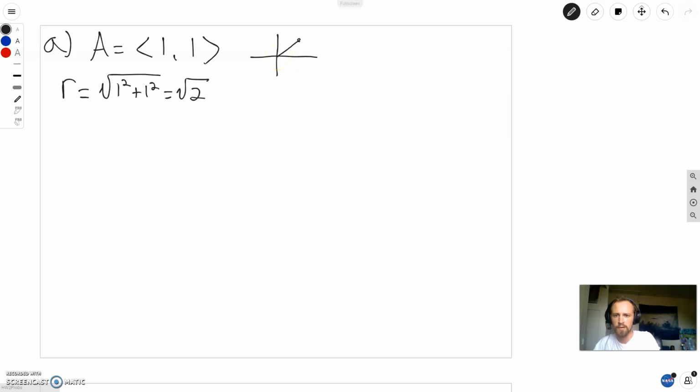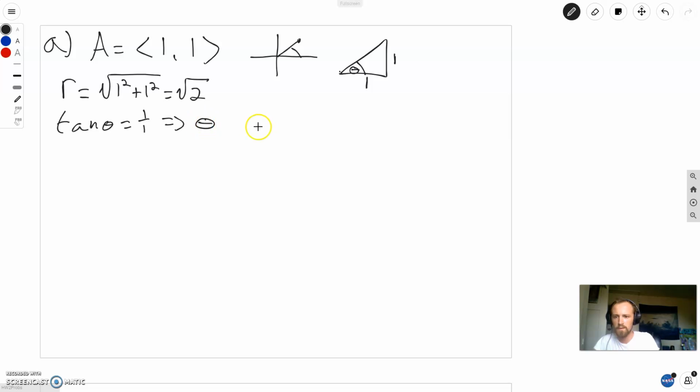Okay, so here's the point we're looking at. It's at 1, 1. Here's the angle I want. So here's that triangle there. Here's theta. This is of length 1, and this is of length 1. So I know the tangent of theta equals 1 over 1.